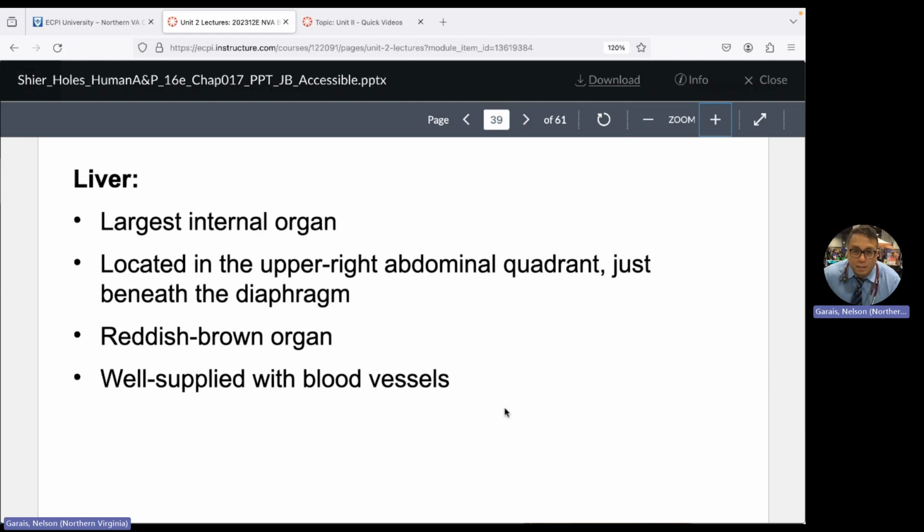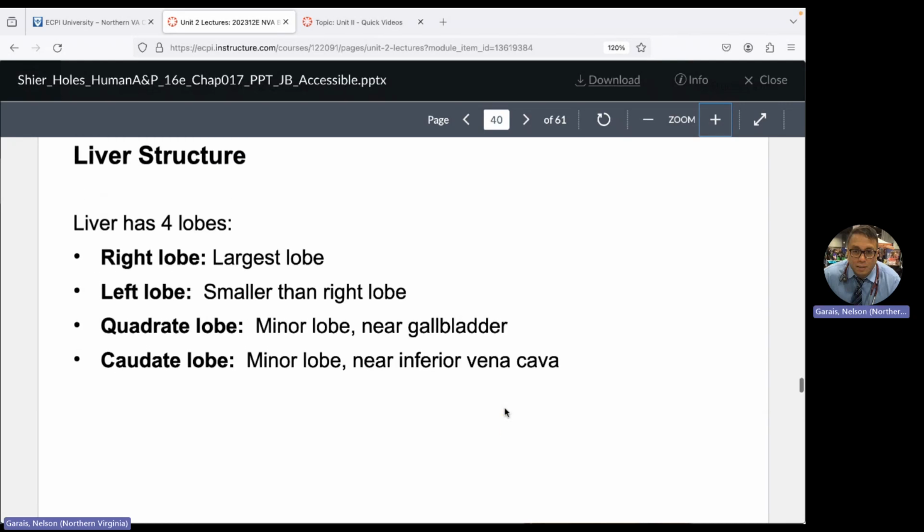Liver, located in your right upper quadrant, is the largest metabolic organ, and it's got a ton of functions. It's in lobes because that's really important, and the lobes can sequester or keep at bay cancers, infections, things of that matter.